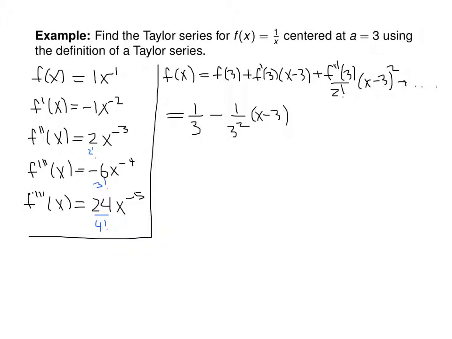The second derivative at 3 will be 2 over 3 to the third multiplied by 1 over 2 factorial, (x minus 3) squared.